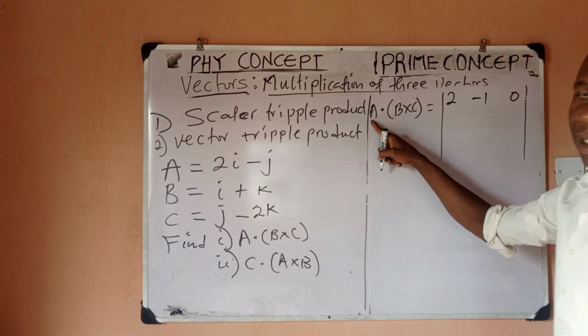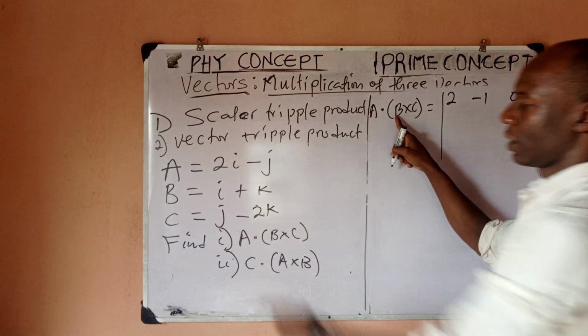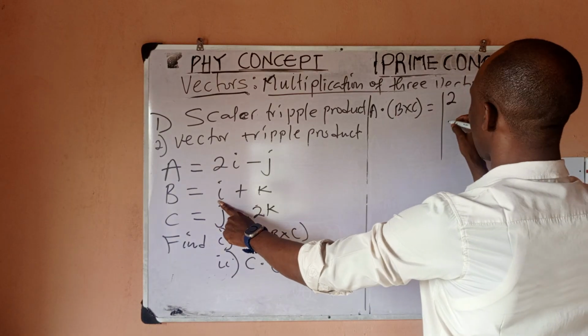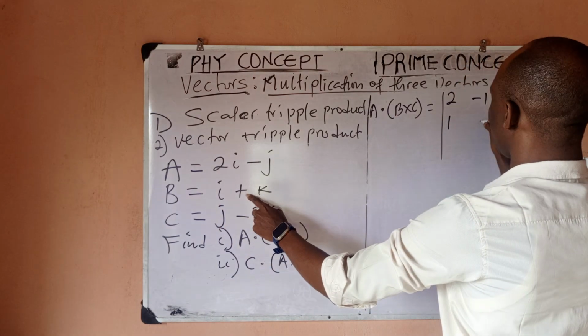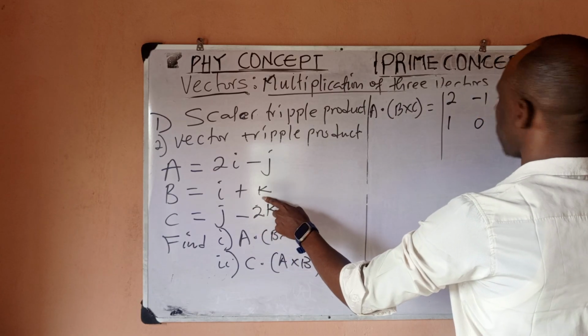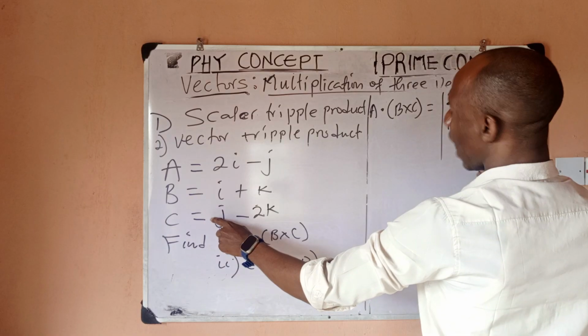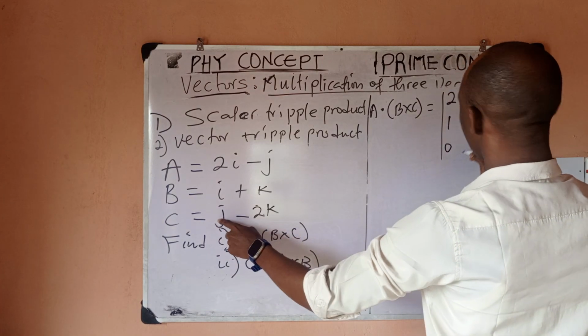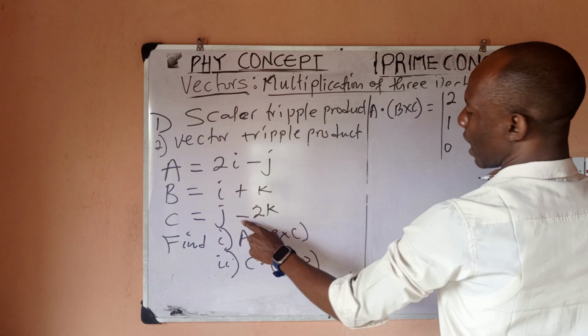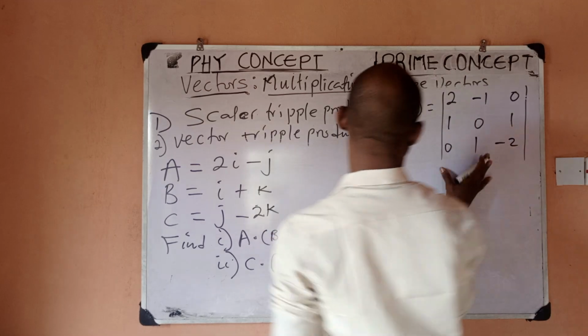Then I'm done with A. So I'll quickly move to B. The I component is 1. There's no J here, so I'll put 0. The K is 1 also. I'll move to C. For C, there's no I, so I'll put 0. The J, I have 1. And the K, I have minus 2. So this is what I have.